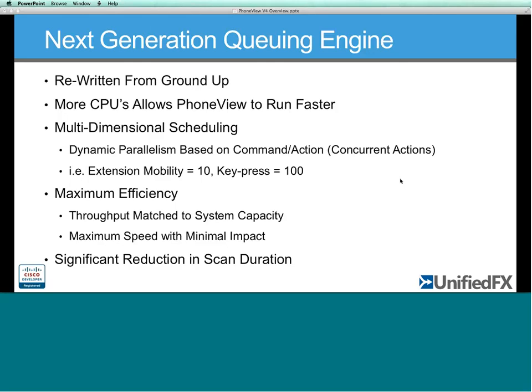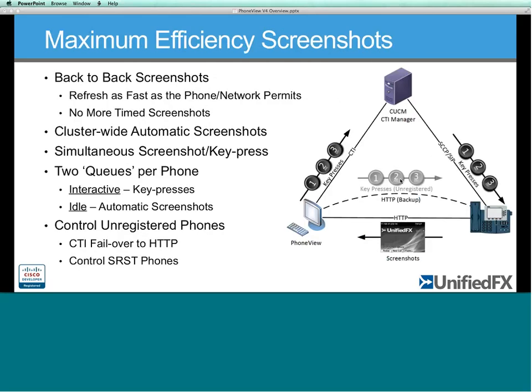In particular, running a scan is a lot quicker, but it also doesn't have any impact on your cluster anymore. So you can run a scan during the day, anytime you like, and it takes less time, which is fantastic. That's the general principle of what the queuing engine gives us. I'll give a few more examples in a second, but that's why we decided to do it from the ground up, so we could take advantage of all those great benefits.